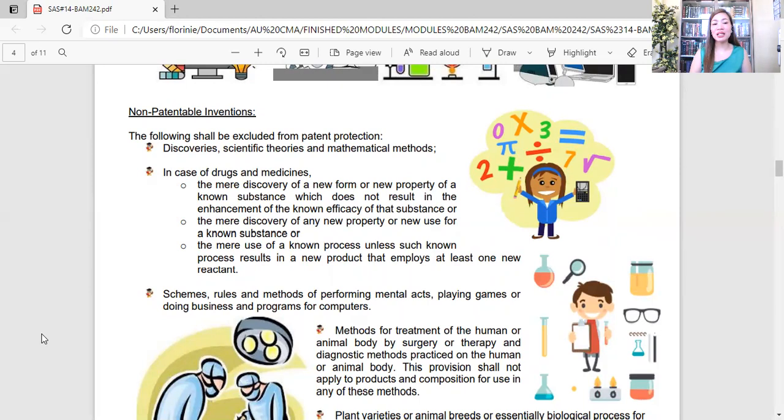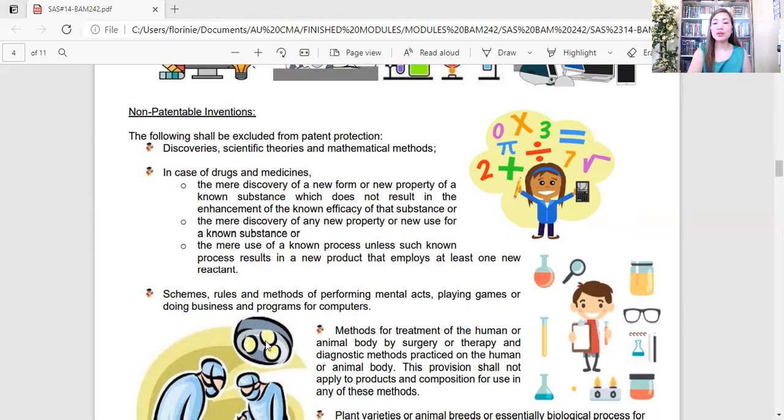Ganon din naman kapag nakadiscover ka ng mga new property ng isang substance, no? Okay, hindi siya patentable. And of course, yung isa pa, meron nang isang process na known na, alam na ng public, tapos nakaisip ka lang ng bagong paraan kung paano yun gamitin, then it's not patentable invention.